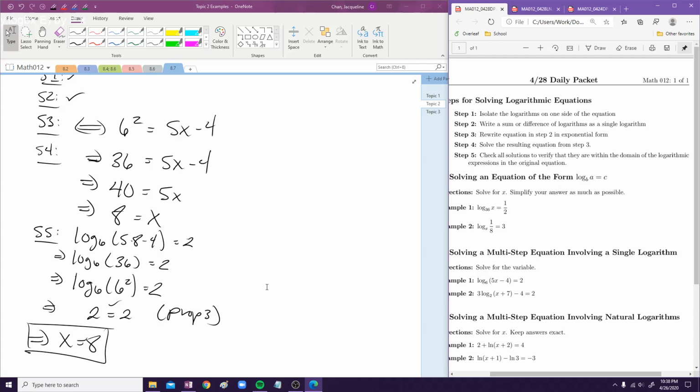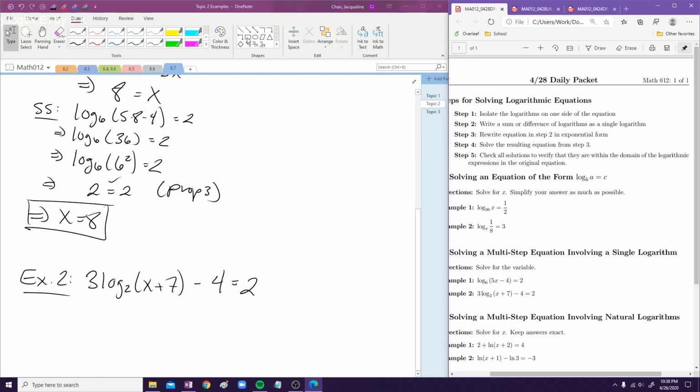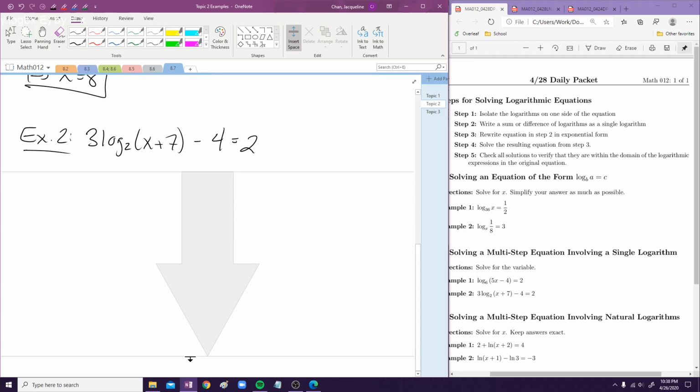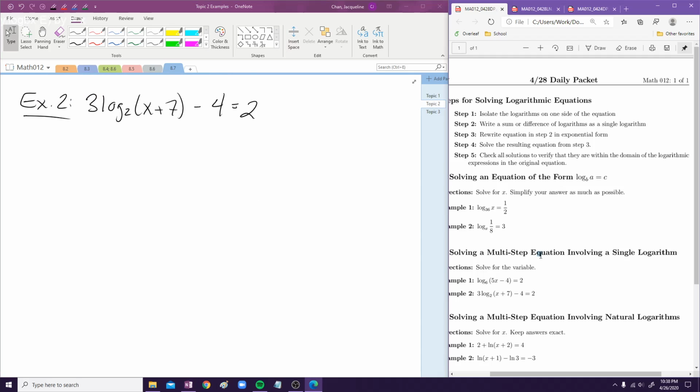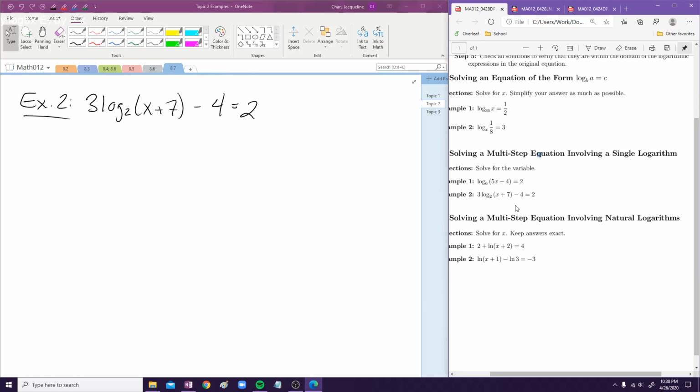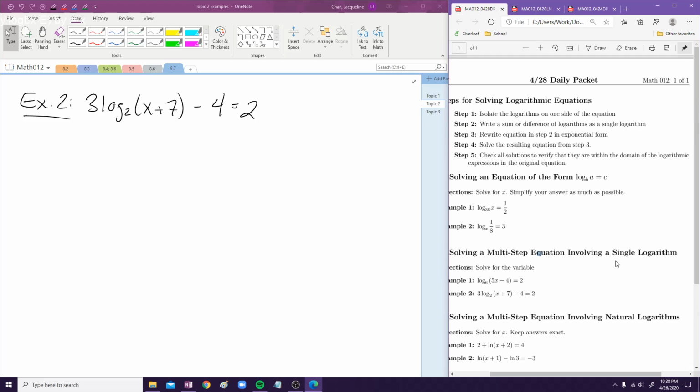So now let's do another example. Example 1 was a little straightforward in the sense that we just started with step 3, but now we have to take a few more steps before we solve it.